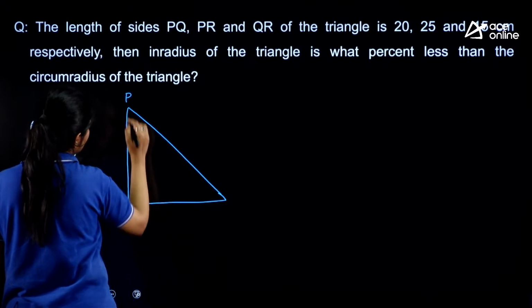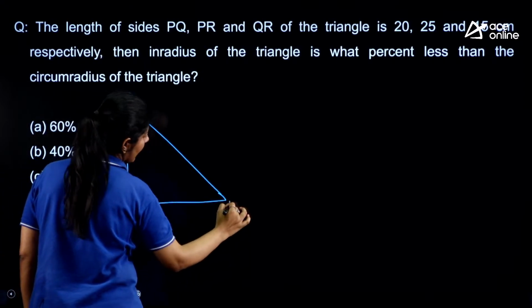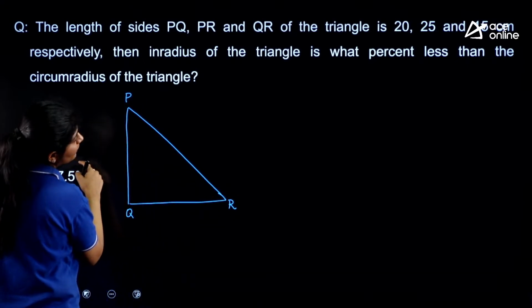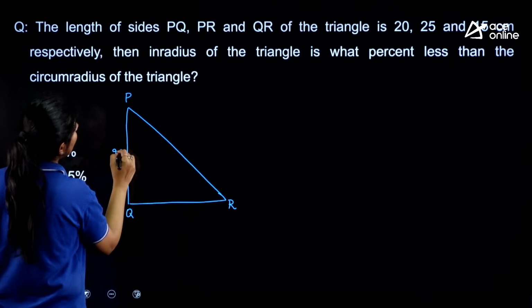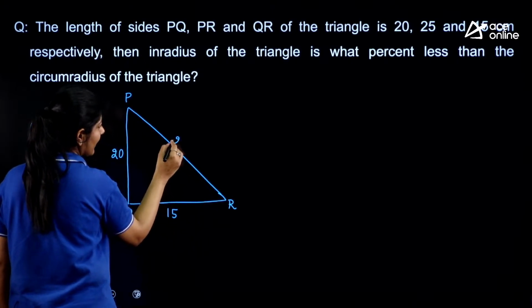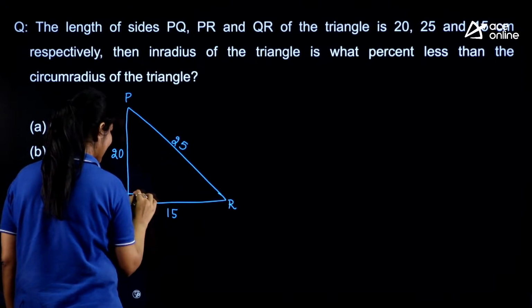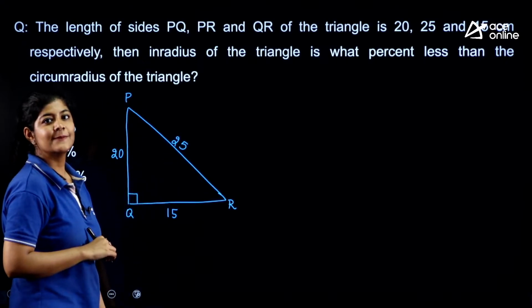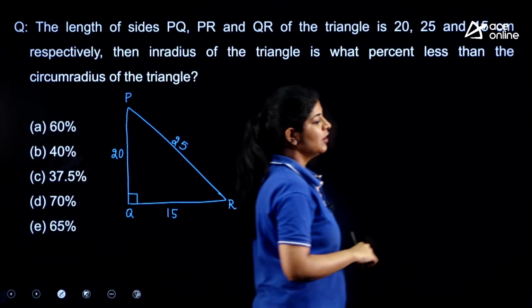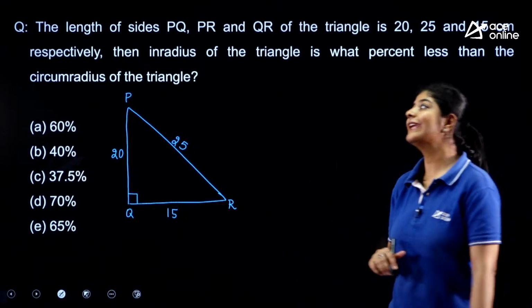So if this is P, this is Q and this is R, we can say that if PQ is 20 and QR is 15, then this is nothing but 25 as per the hypotenuse rule, right?